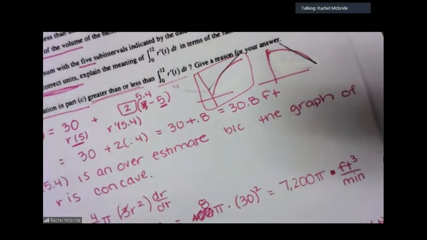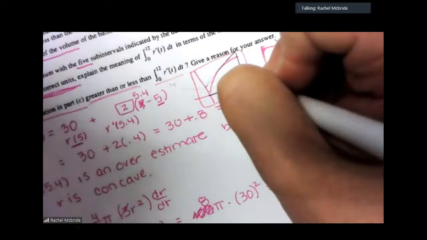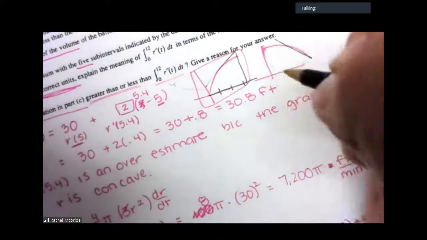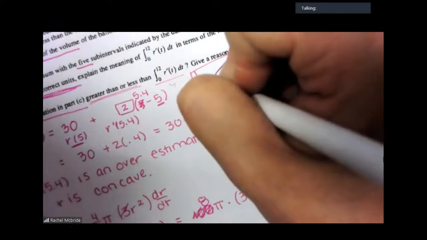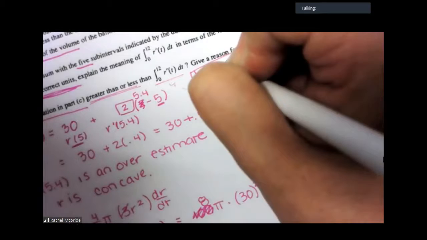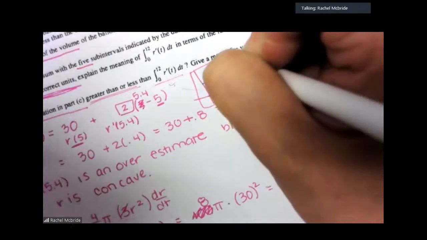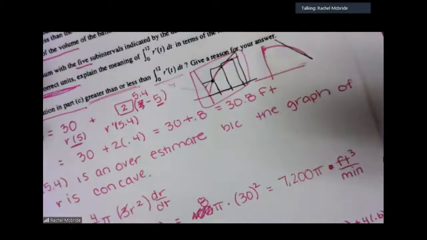Which means it's this example here. So if my graph is increasing and concave down and I do right Riemann sums, are they over or under estimates?